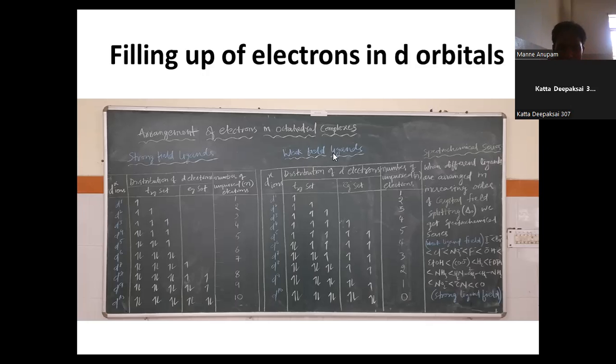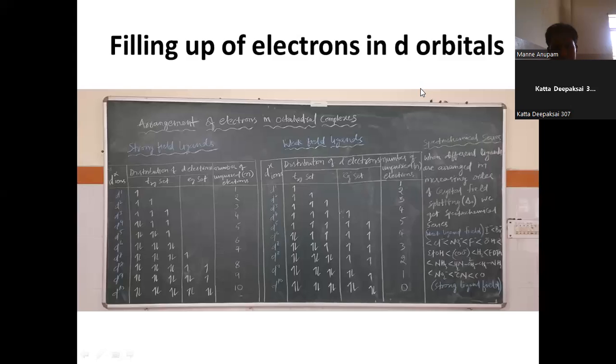Now, when we go to the weak field ligand, the energy difference between T2G and EG is very, very less. Now, with the energy difference between EG and T2G very less, D1, one electron is here, D2, two electrons are here, D3, three electrons are filled up like this.